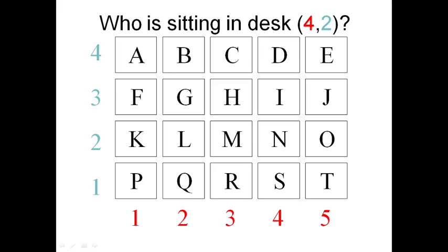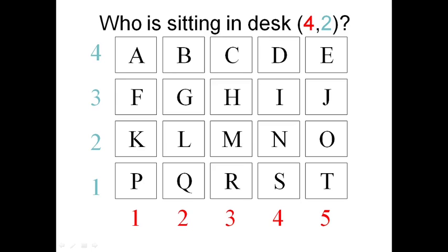This is an example. There are five columns marked in red color, 1, 2, up to 5, and 4 rows marked in blue color. So my question is, who is sitting at the desk (4, 2)? 4 stands for the number of the column, 2 stands for the number of the row.